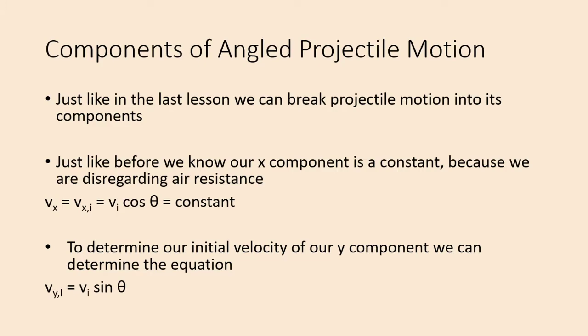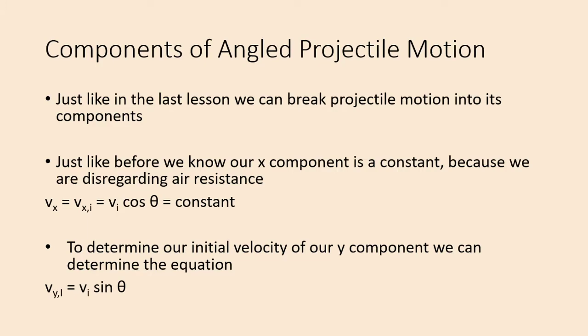Our y component is a little bit more tricky. Our initial y component, vy sub i, is going to be equal to our vi, my initial velocity at that angle theta. We use sine because it's opposite over hypotenuse.